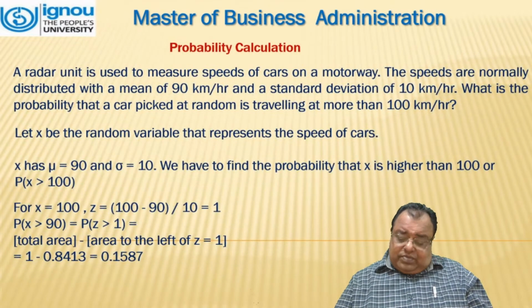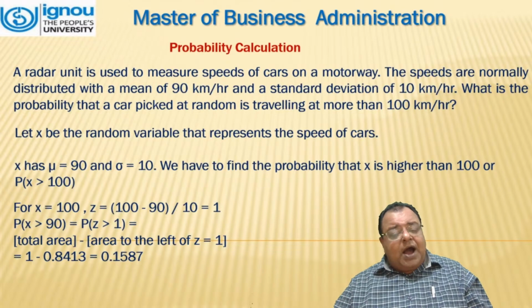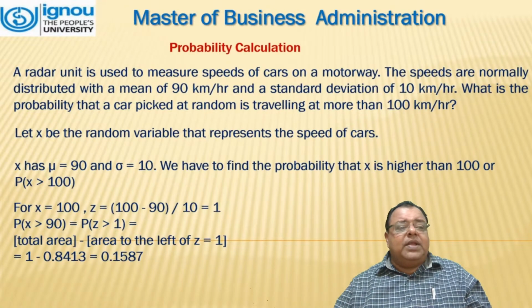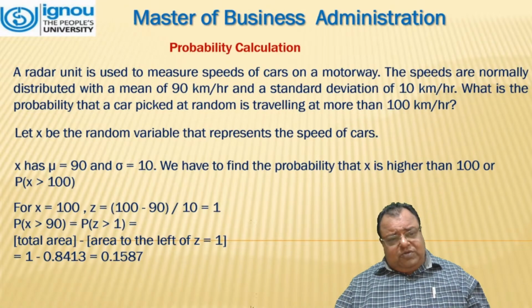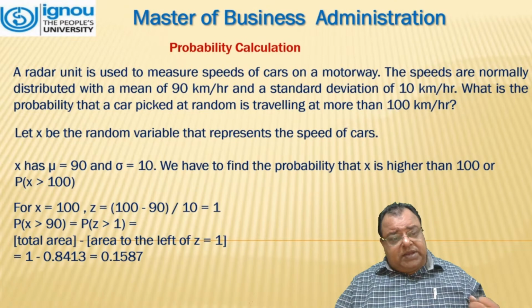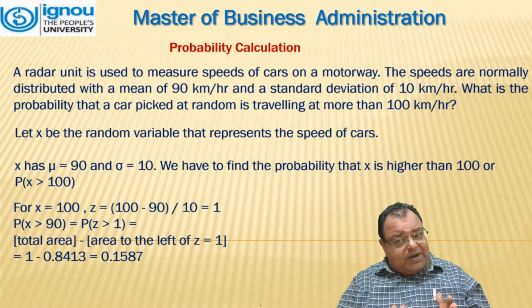Now, we will be going back how to apply this normal distribution in practical problems. A radar unit is used to measure speeds of car on a motorway. The speeds are normally distributed with a mean of 90 kilometers per hour and standard deviation of 10 kilometers per hour.